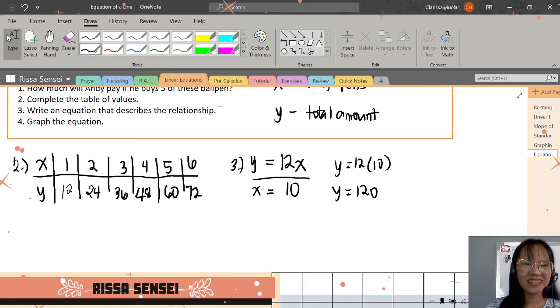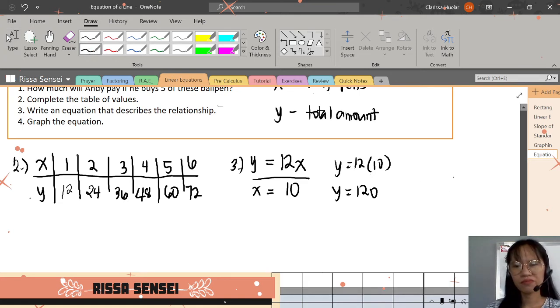So, i-graph na natin yung equation. Gagawa lang kayo ng x and y axis. Tapos, lalagay lang kayo yung values ng x ay 1, 2, 3, 4, 5, 6. Tapos, yung values ng y, syempre, hindi masyadong accurate yung gagawin ko kasi malalaki yung numbers sa y.